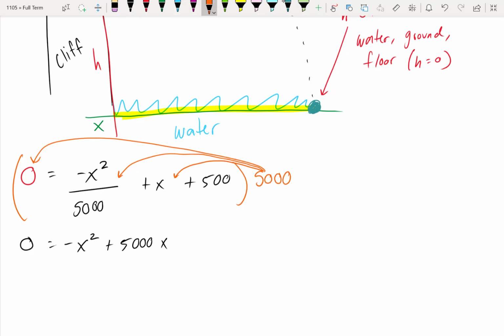And 5,000 times 500, it's a pretty big number. It's 2,500,000. Now, I would rather work with big numbers than crazy fractions like this.